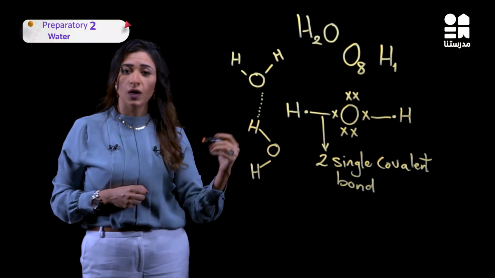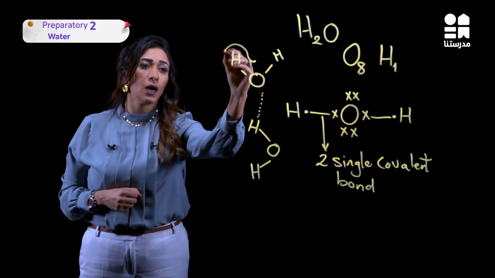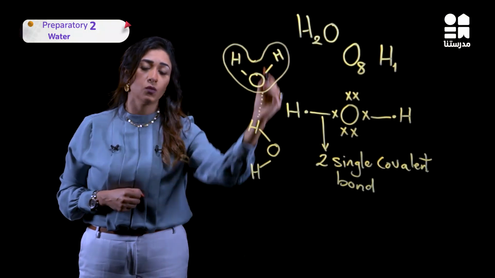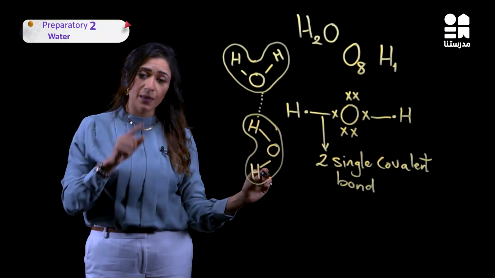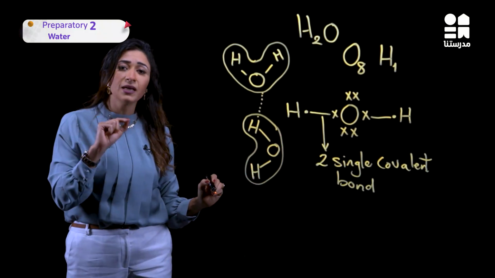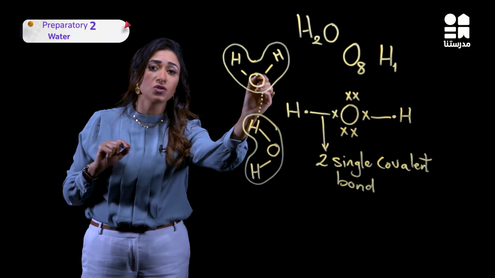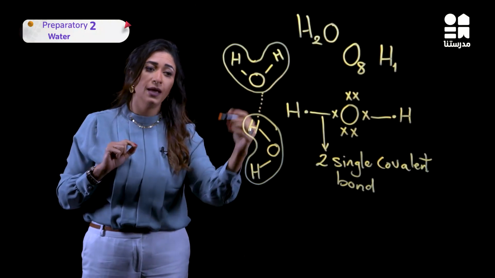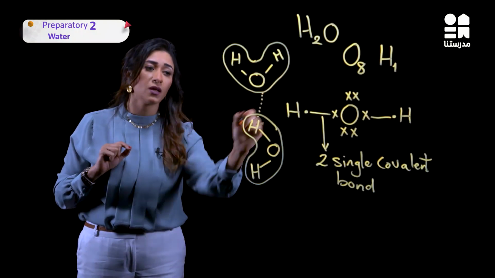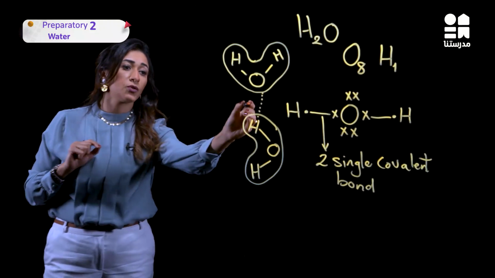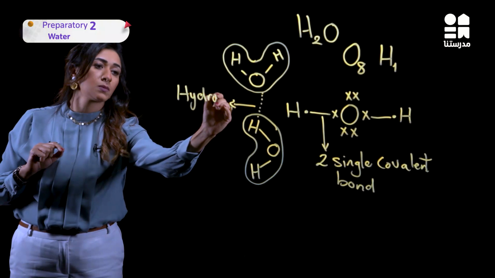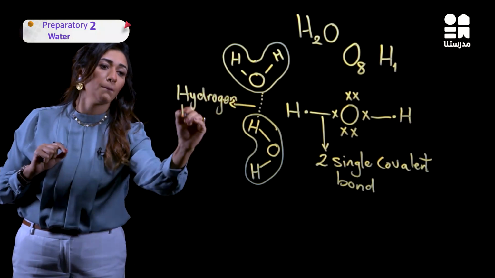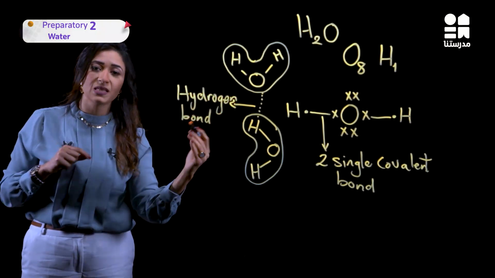So when I draw a hydrogen bond, I draw a water molecule and another water molecule. بس لازم أبقى واخد بالي إن الهيدروجين bond دي between the oxygen atom in a water molecule and a hydrogen atom in another water molecule. So this will be our hydrogen bond. And it is a weak bond.